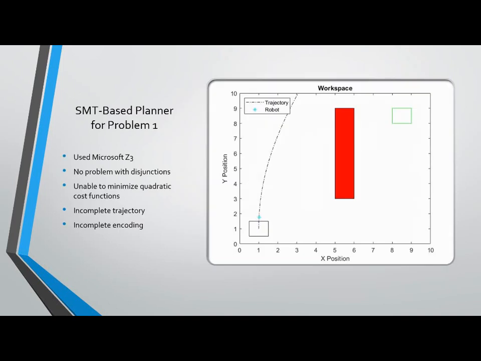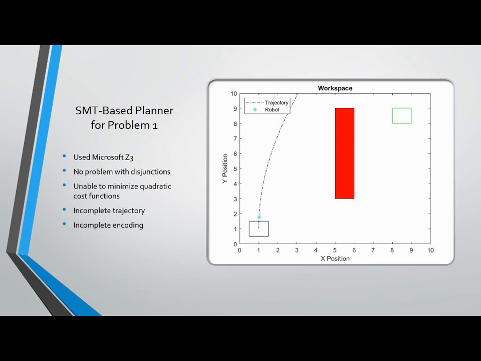I included this slide more as an honorable mention, because the original idea behind this project was to build an SMT-based planner to solve the problems that I have now solved using MILP. I used the Microsoft Z3 SMT solver, which has no problem with disjunctions, so I didn't have to take the extra step that I had to with MILP, where I used the big M reformulation of the problem to get away from those OR statements.